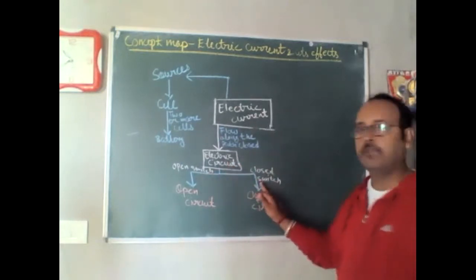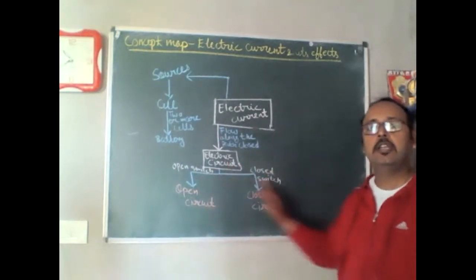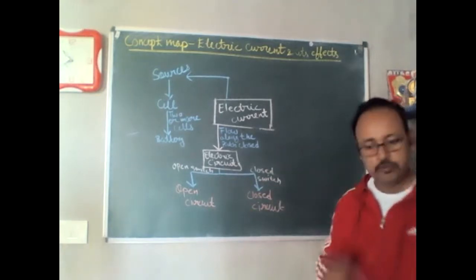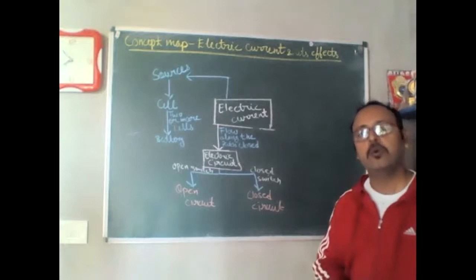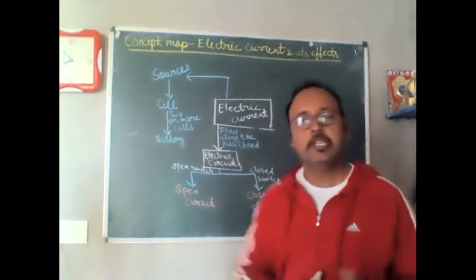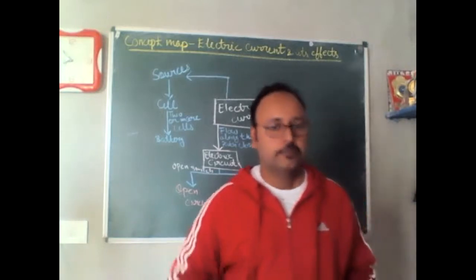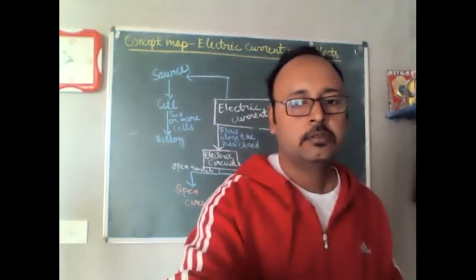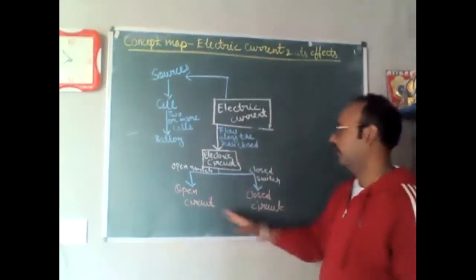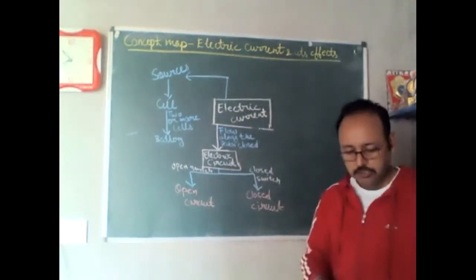Electric circuit are of two types. One is open and another is closed. When the switch is on, that means closed circuit. When the switch is off, we can say that is open circuit. Okay, so that is open and closed circuit.